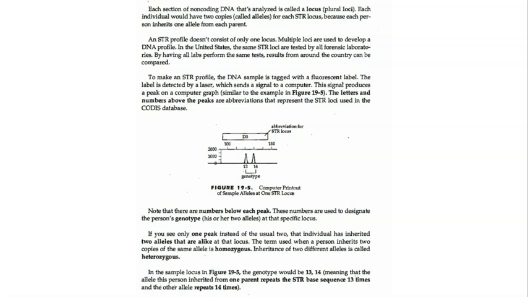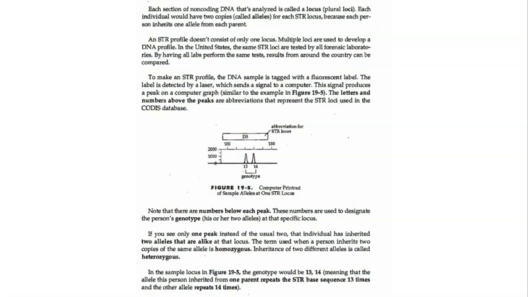Many different loci, not just one, are used to create a DNA profile or DNA fingerprint. The United States uses a DNA database called CODIS to keep track of different STR loci and how many short tandem repeats each person has at specific STR loci.